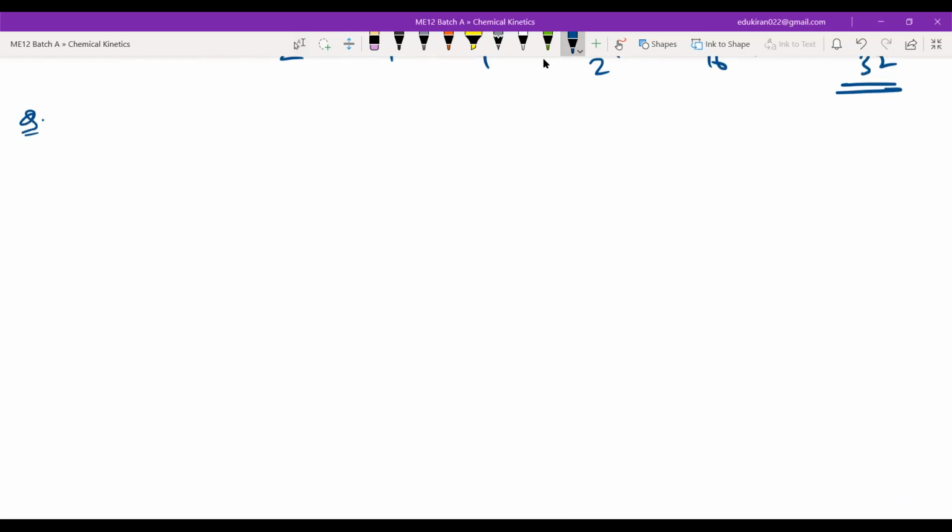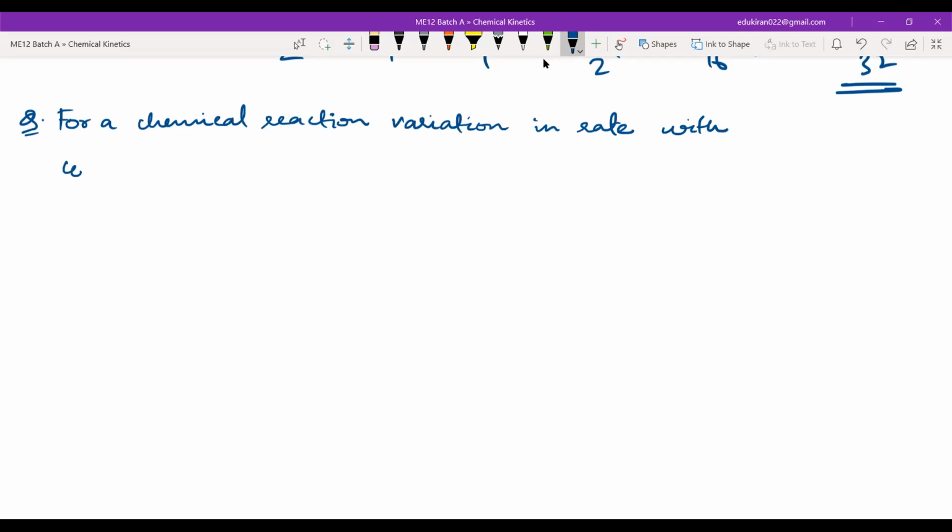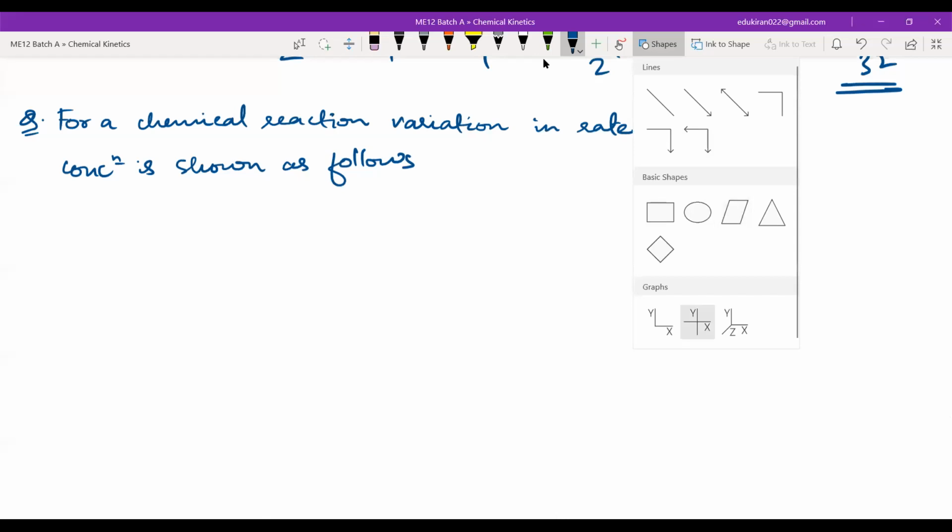Write a question. For a chemical reaction, variation in rate with concentration is shown as follows. Okay, so they have given you a graph.